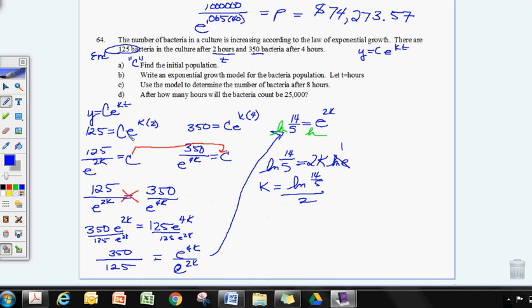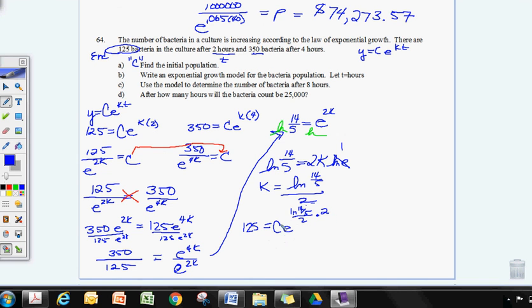So now if I come back to either one of these starting ones, 125 would equal C e^((ln(14/5))/2 times my time value of 2).